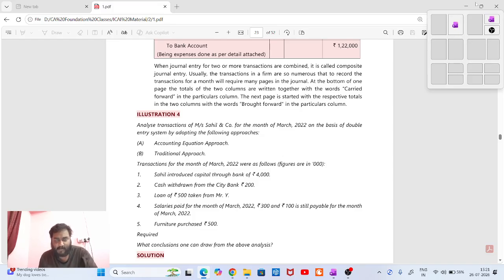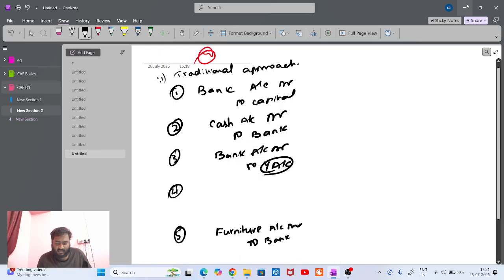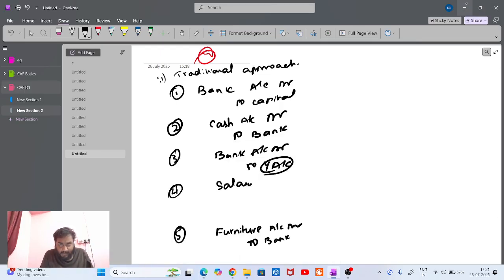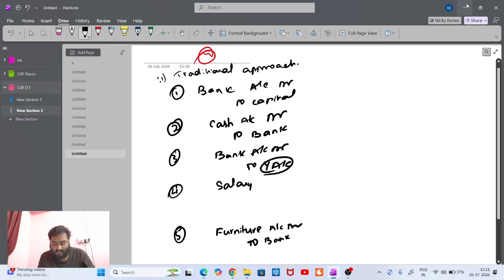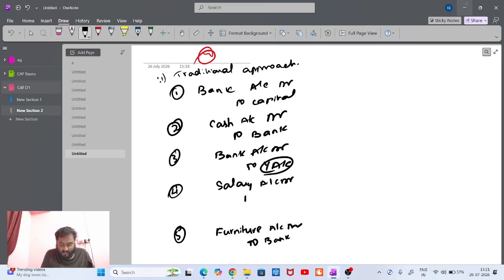So in this journal entry, since salary is to be paid for the month of March, 300 paid and 100 is still payable, salary account debit to cash 300 paid, outstanding salary 100 pending.